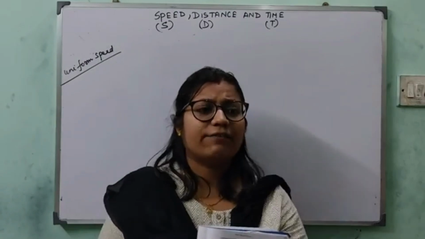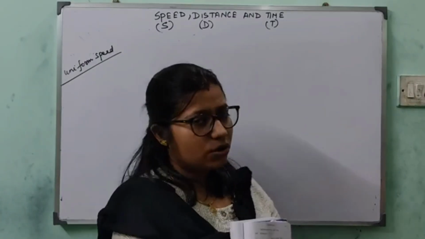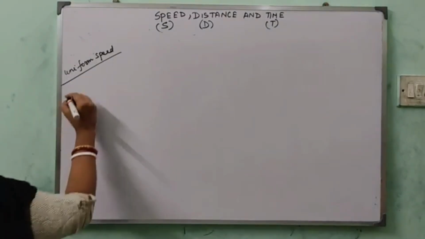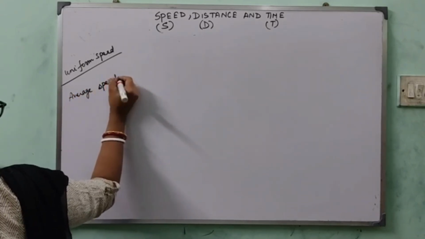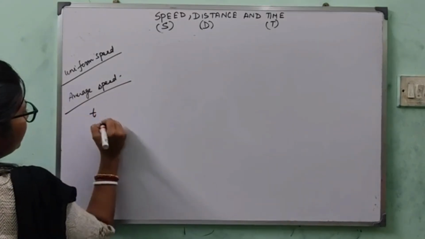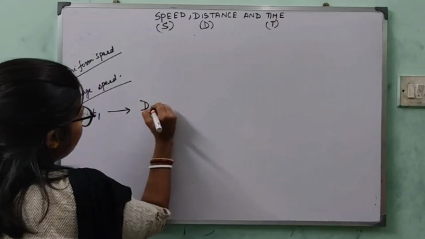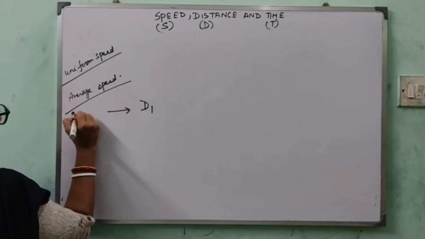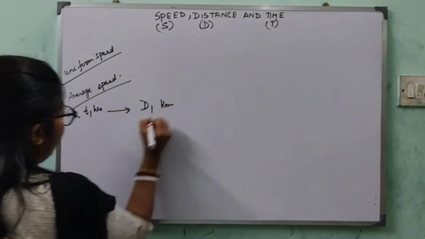So in our real life we do not always have uniform speed during our journey. So what do we do in that case? We have to follow the average speed in that case. Say for example, suppose in t1 hours you covered a distance of d1 kilometer.